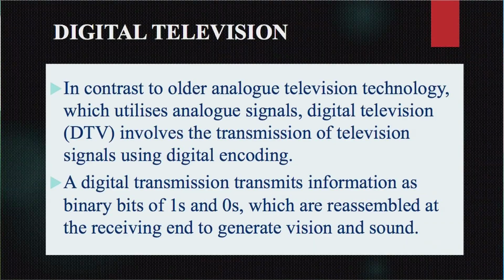Now let us talk about digital television. In contrast to old analog television technology, which utilizes analog signals, digital television, which is also called DTV, involves the transmission of television signals using digital encoding.